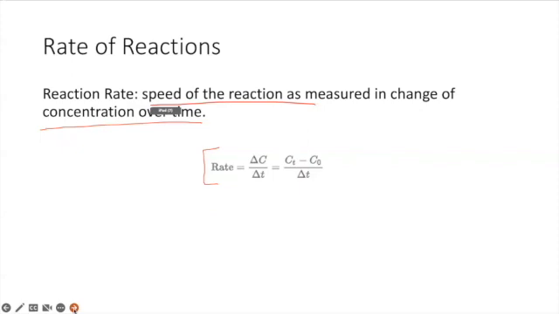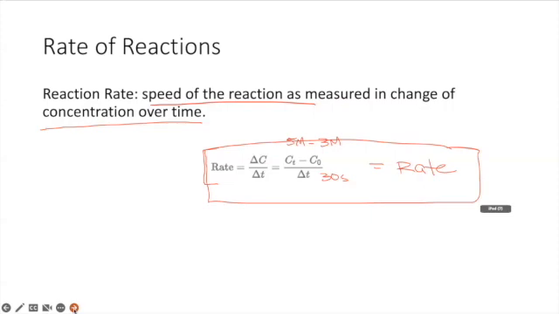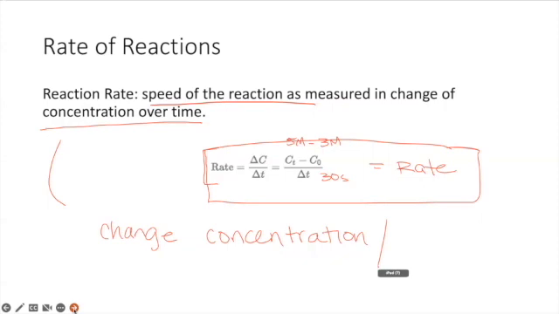So if we had some initial value of, let's say, 5 molar concentration and we ended at 3 molar concentration, and this happened over 30 seconds, we could do the math and calculate our rate. Don't think too hard about the math on this one. What we really care about is that our reaction rate is the change in concentration over time.